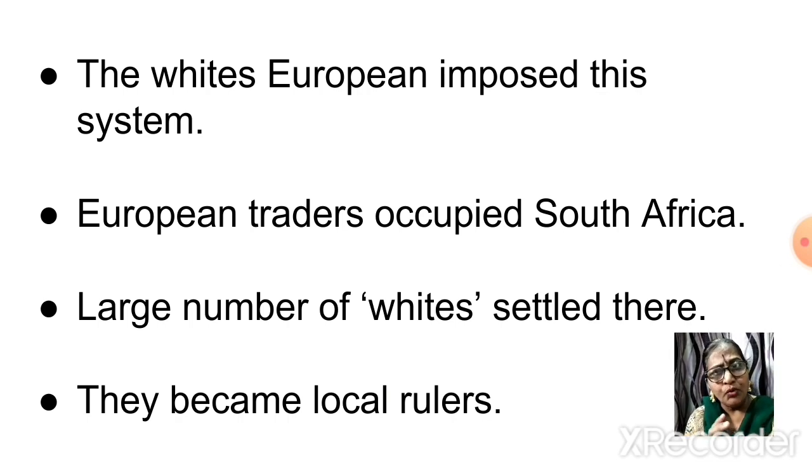Some European trading companies occupied South Africa forcibly, using arms and force, just as they occupied our country, India.